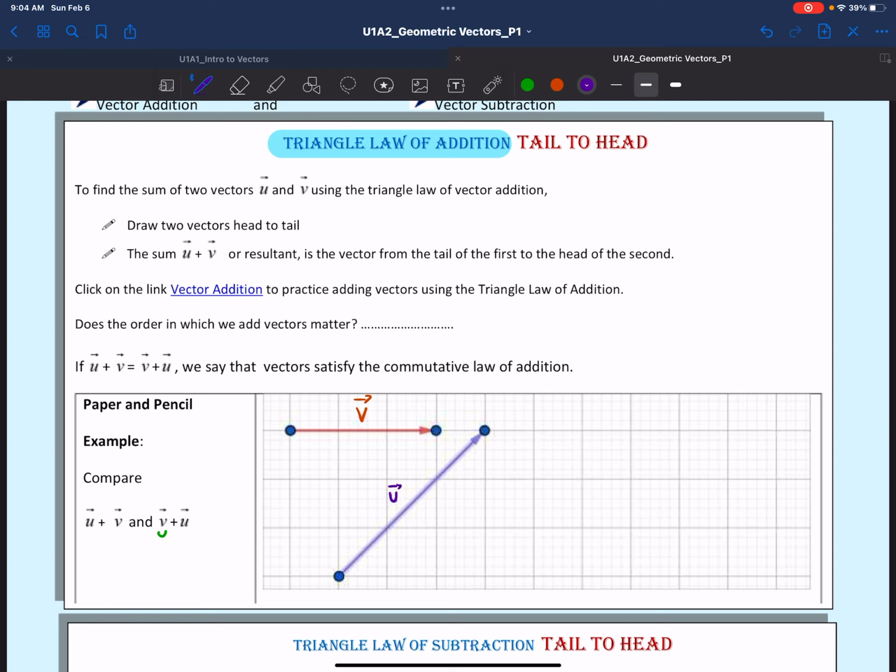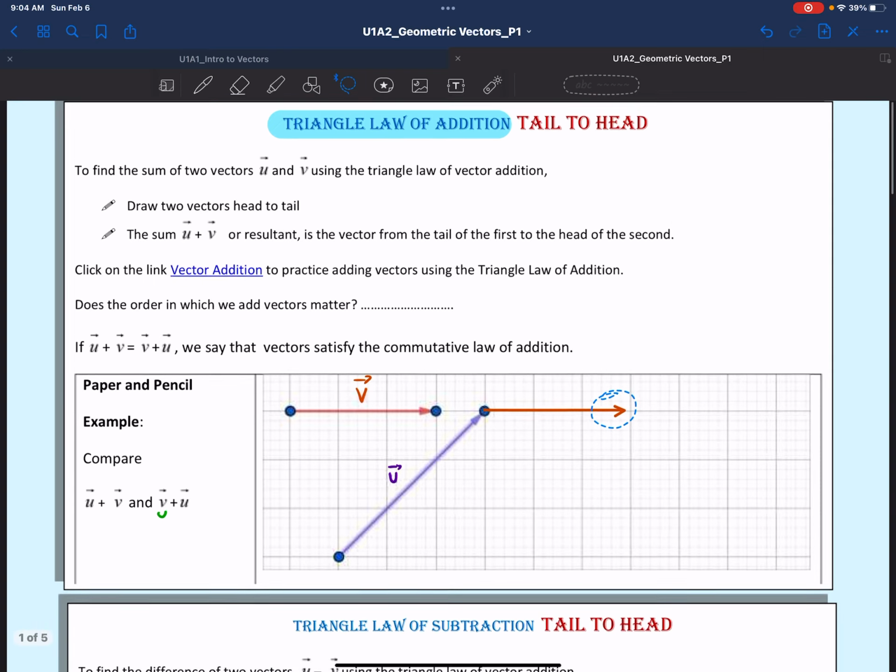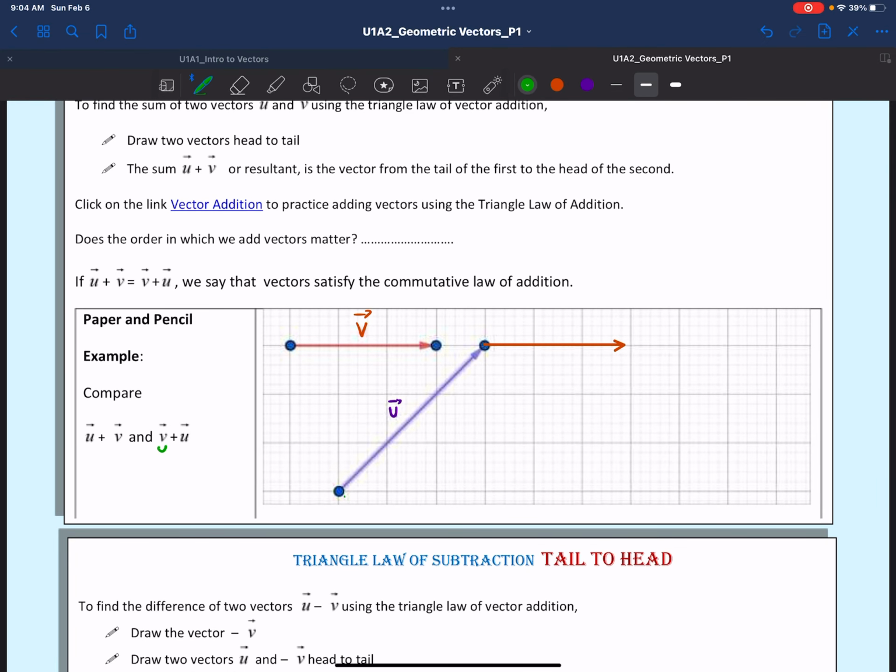In other words, vector v should be moved over with the tail at the head of vector u. The resultant vector will be the one that connects the tail of vector u, the first vector in the addition, with the head of vector v, which is the vector added. So this would be the resultant vector, which we call vector u plus v.